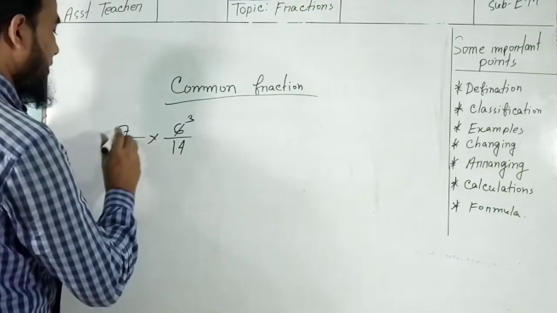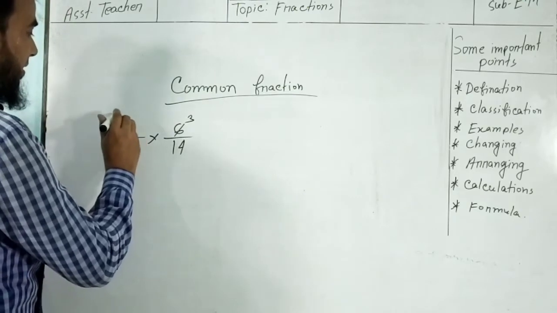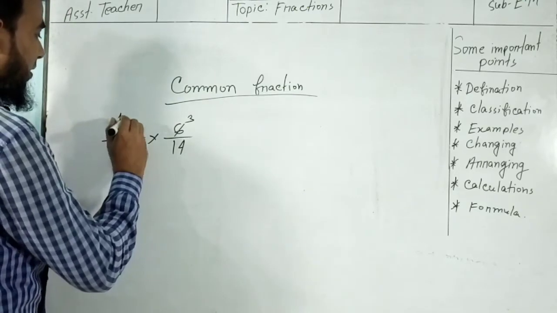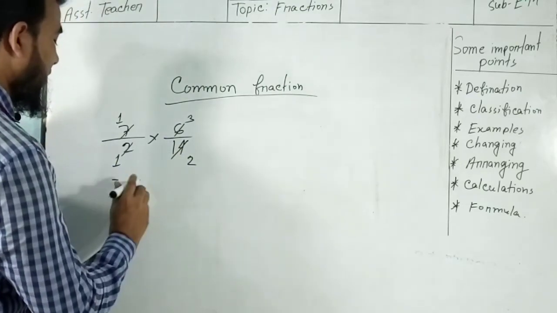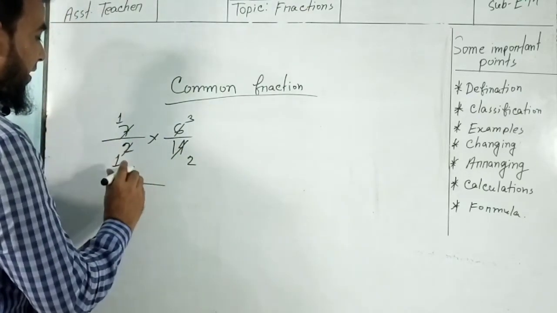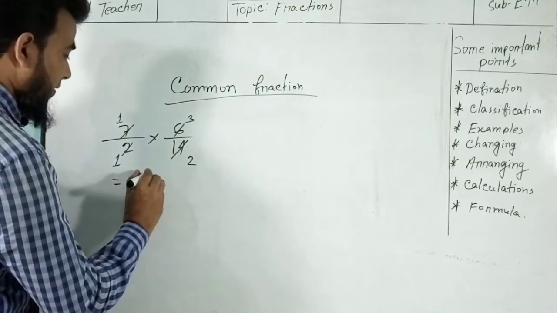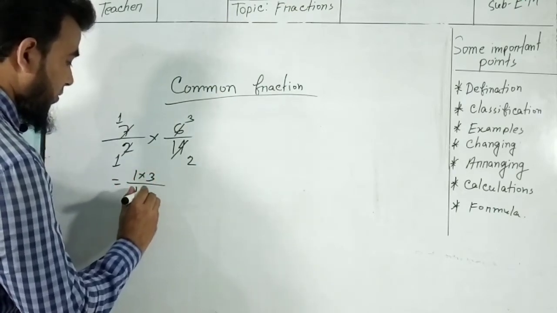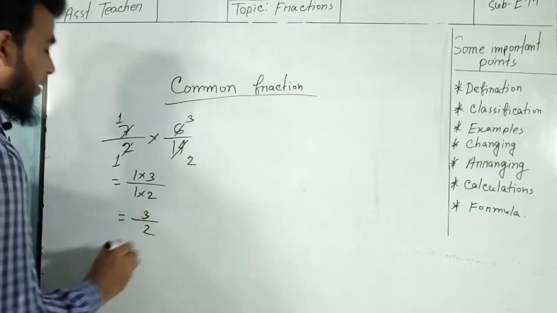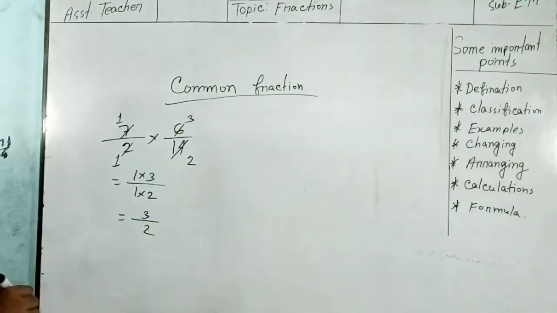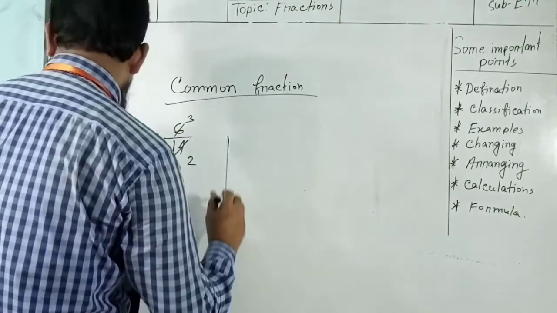And if we divide 7 by 7, the answer will be 1, and if we divide 14 by 7, it will be 2. So after calculation, we get 1 into 3 on the upper side, and 1 into 2 below. So 3 here and 2 here. This way. Okay.